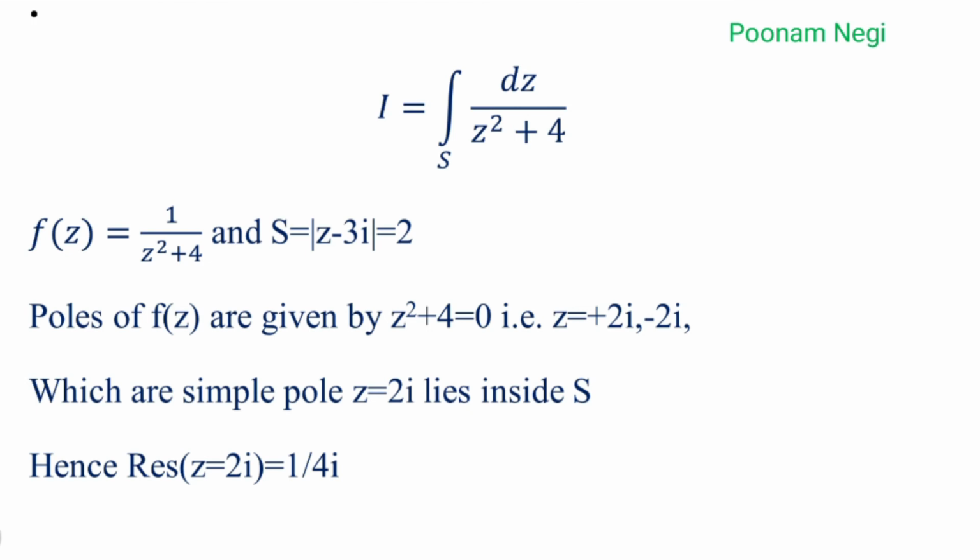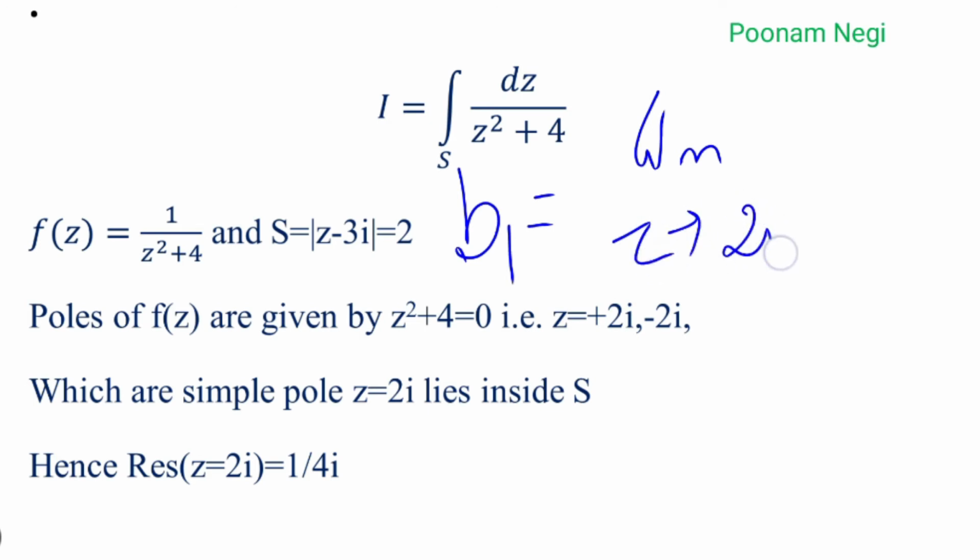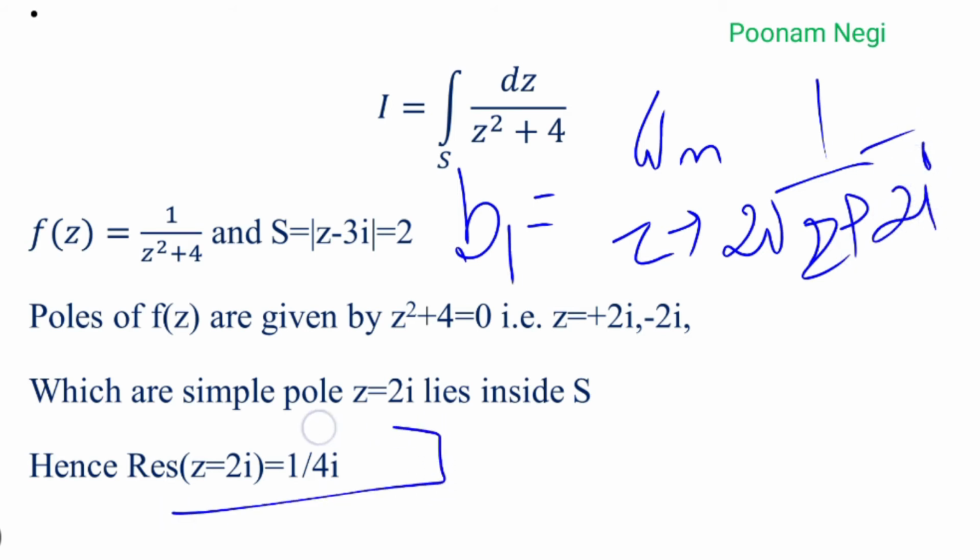That is, b1 will be the limit as z tends to 2i of 1 upon (z plus 2i), which will come out as 1 upon 4i.